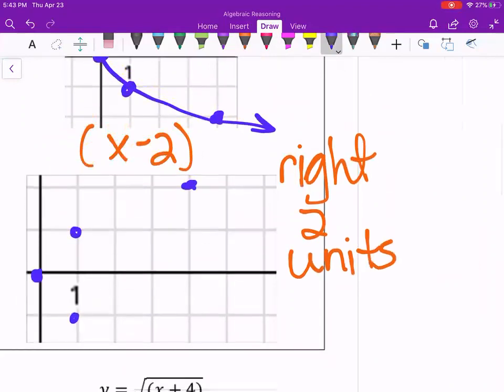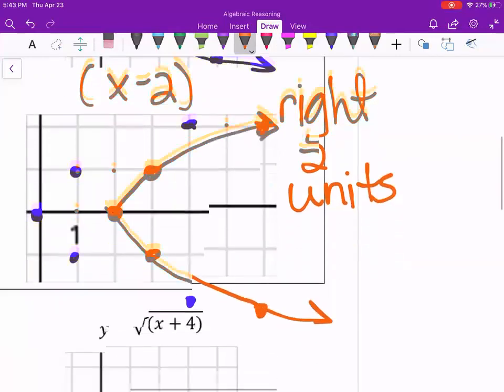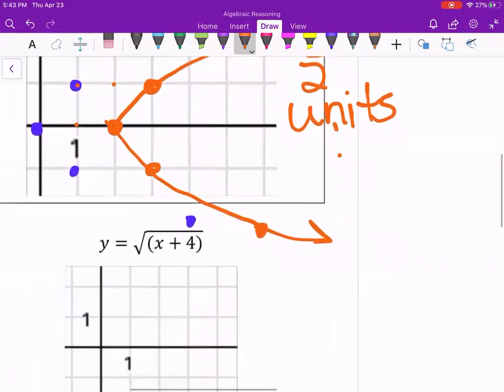Oops, and my last one is a little bit off the grid. That's okay. We're going to shift all 5 of these dots 2 units to the right. So just count over 1, 2. There's my new dot for each one. And again, it's okay if one of them is just a little bit off the grid. All right, and there is my new graph.